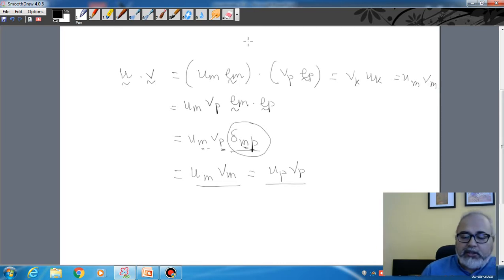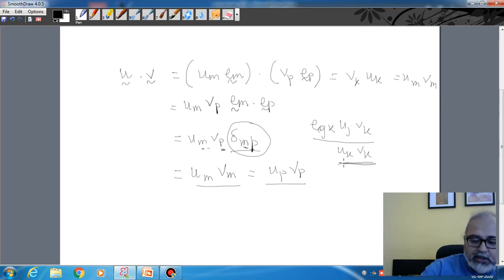So the cross product: the ith component of the cross product is given by Eijk UJVK, and the dot product is given by UKVK. So the dot product between two vectors is a scalar. This is a vector because you have a free index I, and you don't have any free indices here, so that makes it a scalar.